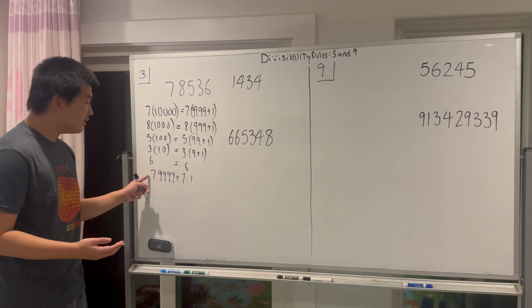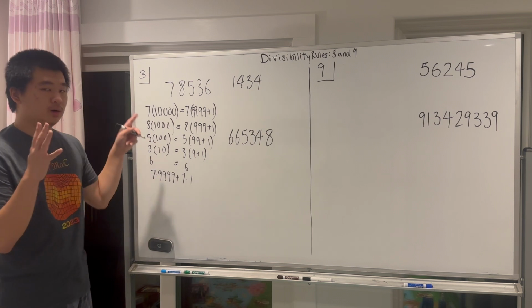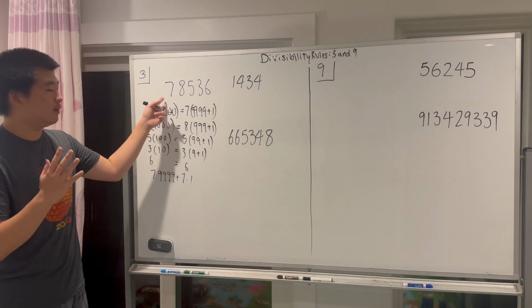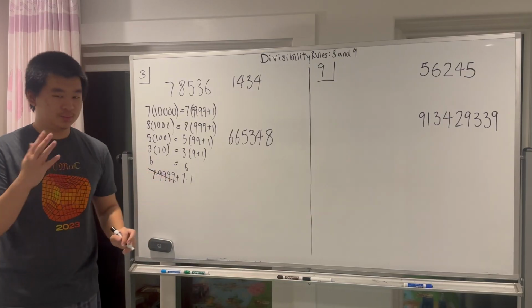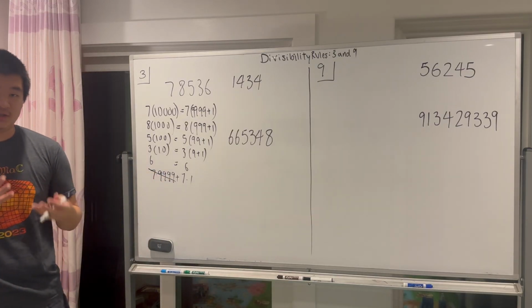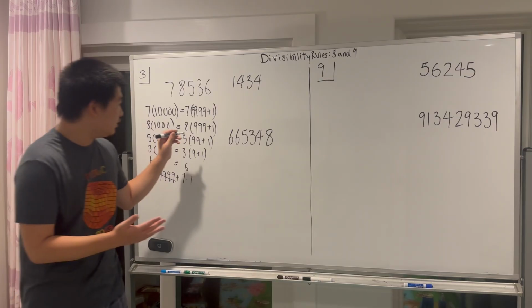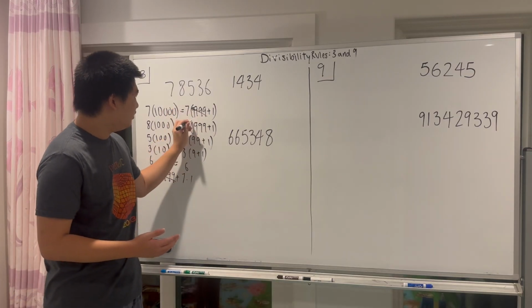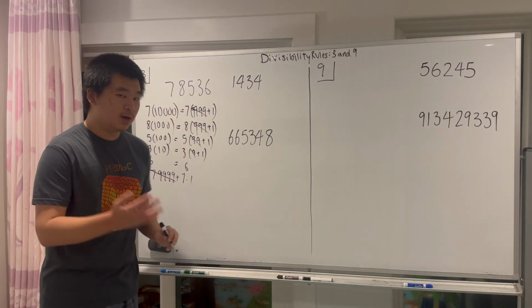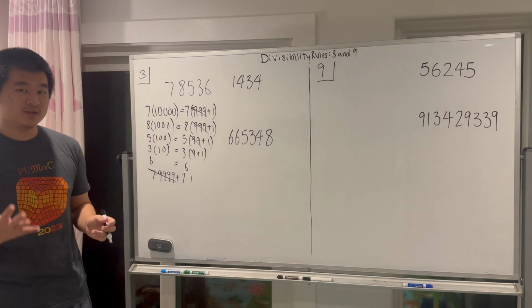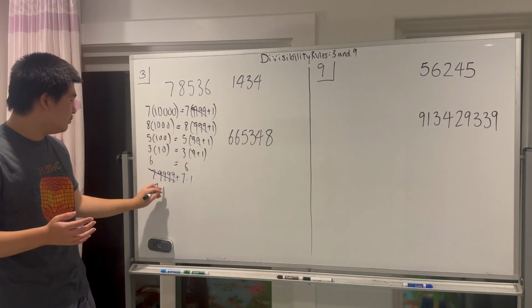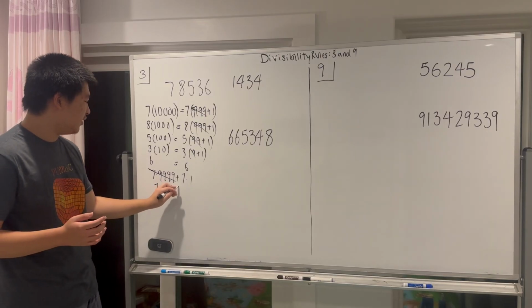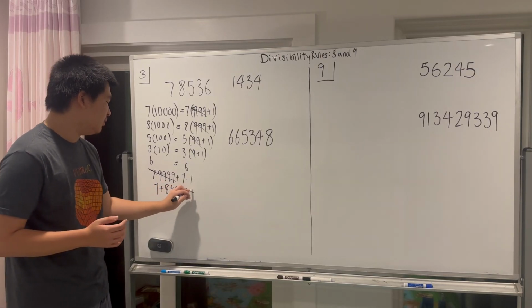So if we subtract this from our original number, the remainder when you divide it by 3 should not change. And similarly, we can get rid of all the 9s, and that leaves us with just 1s. Specifically, it's 7 plus 8 plus 5 plus 3 plus 6.